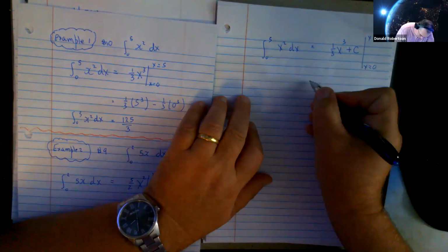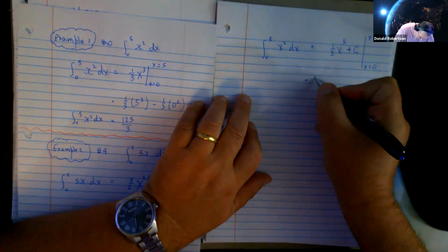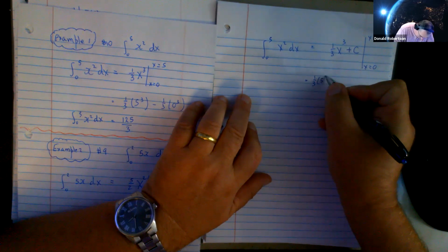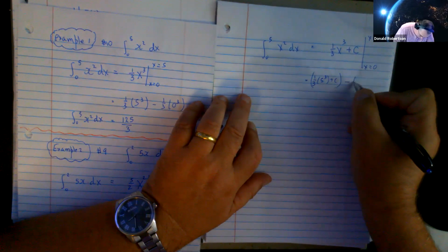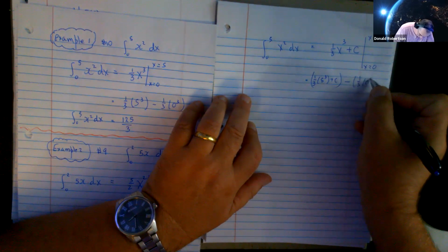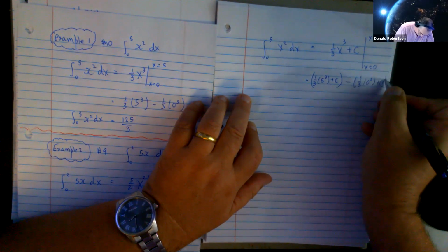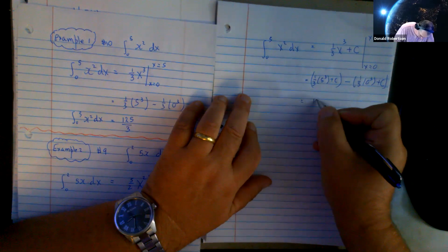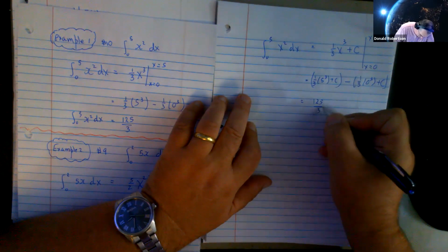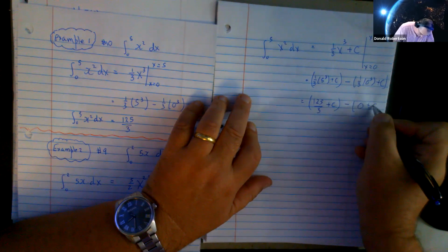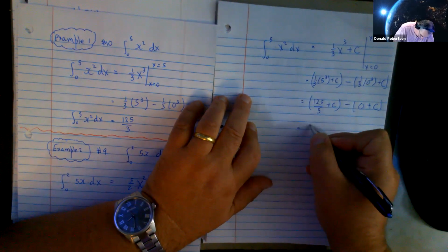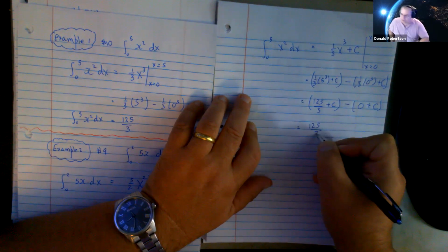Well, if you plug in 5, you get 1/3 5 cubed plus c. Take away 1/3 0 cubed plus c. That gets you 125 thirds plus c. Take away nothing plus c. Do you notice what happens to the plus c's?